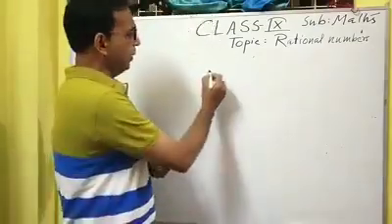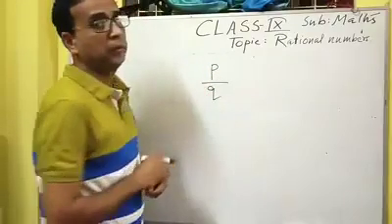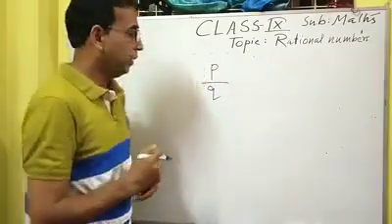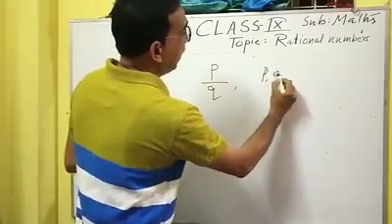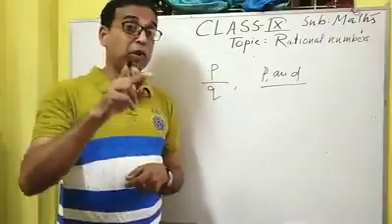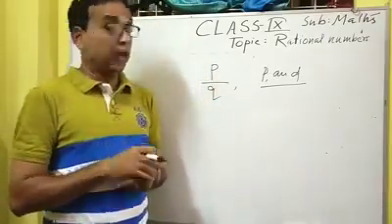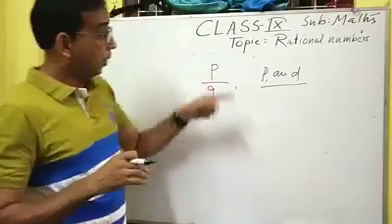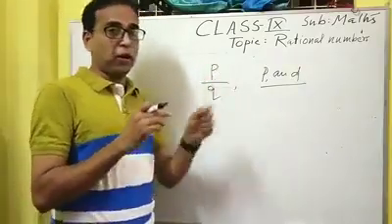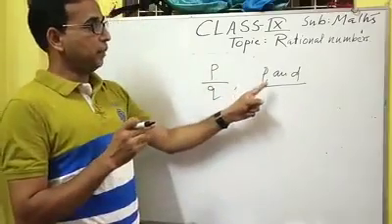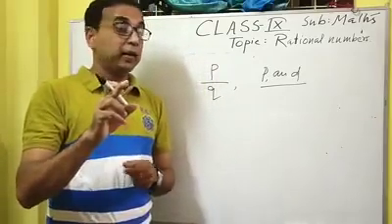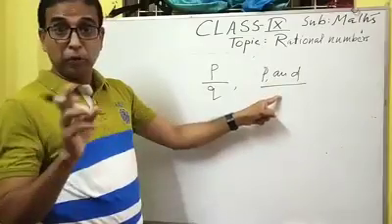A rational number p by q is said to be in its simplest form if the integers p and q have no common factors other than 1 and q is not equal to 0.